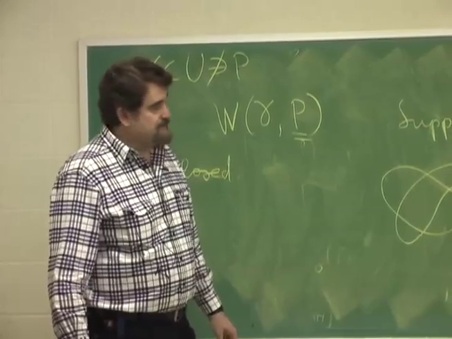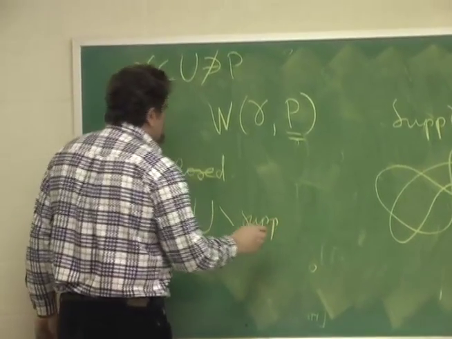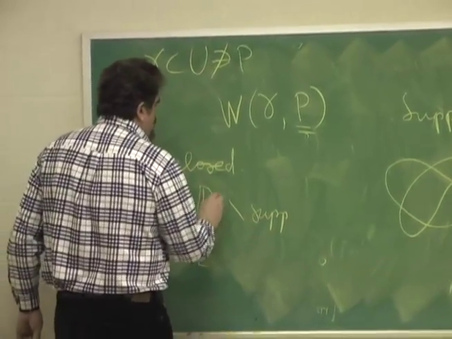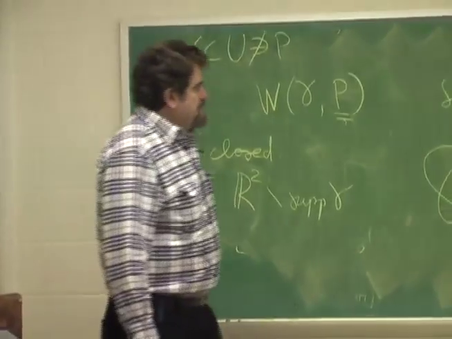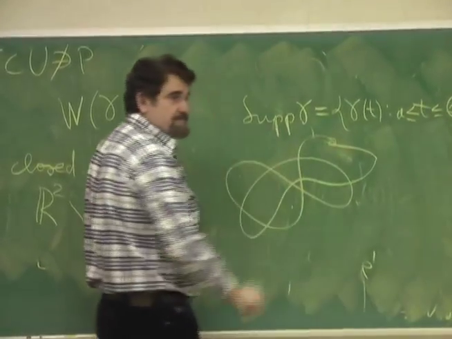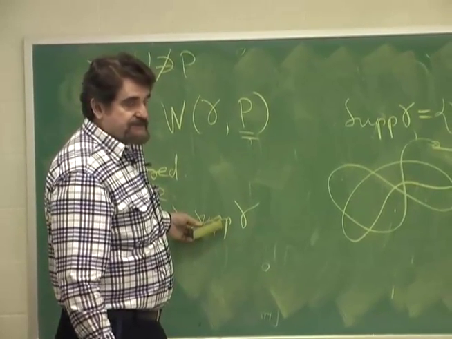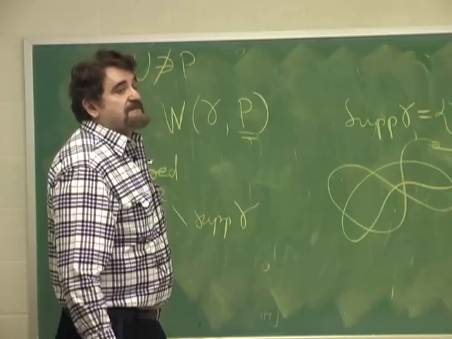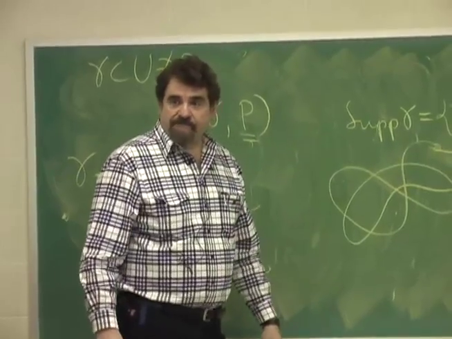Correct? So, R2 minus the support of gamma consists of several components. Correct? One component is unbounded. There's one component outside.